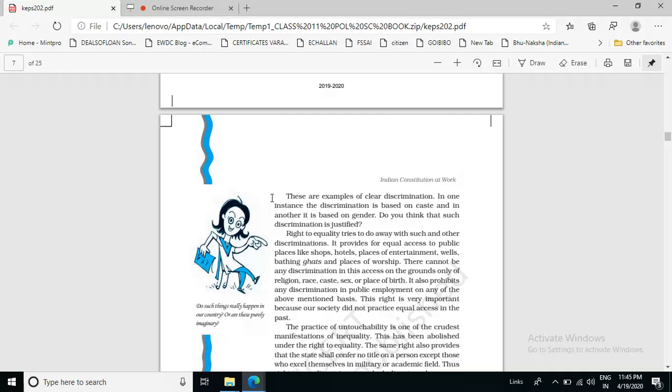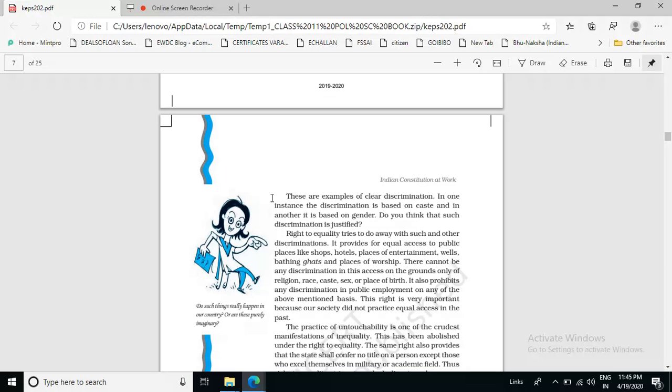Okay, so right to equality means that there should not be any kind of discrimination, and our constitution makes provision for this. Under this right to equality, our constitution provides that public places like shops, hotels, places of entertainment, wells, bathing ghats, and places of worship, all these public places are equally accessible to all.